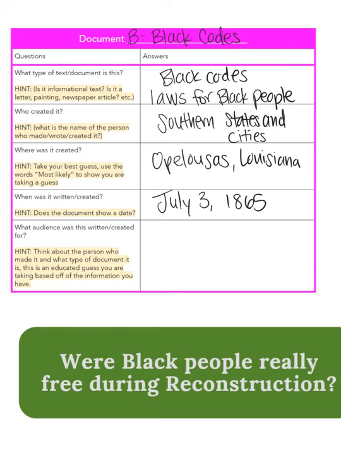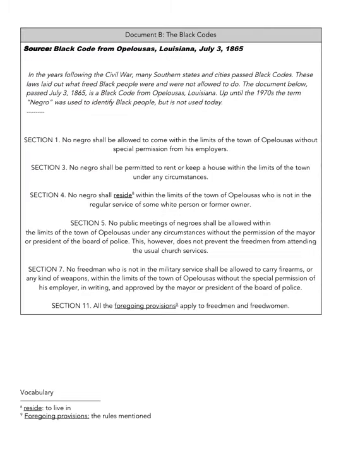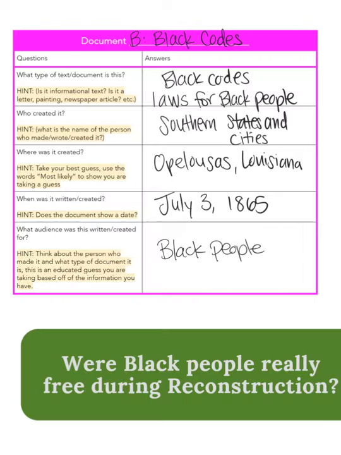The last question is a tricky one again. It asks which audience this was written or created for. Reread the context paragraph again. Who do you think needed to understand these codes? Again, the purpose of sourcing is for you to start thinking about context and perspective as you read to help you better understand history.